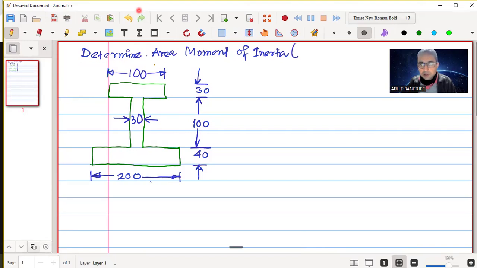So MOI about the centroidal axis parallel to the base.